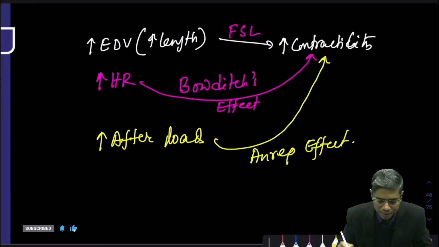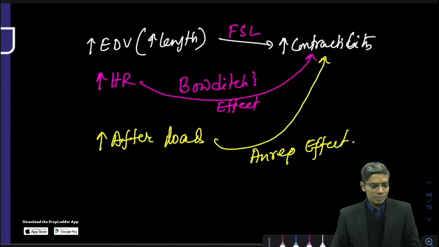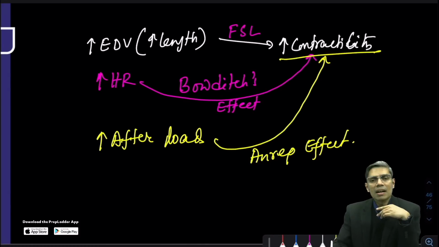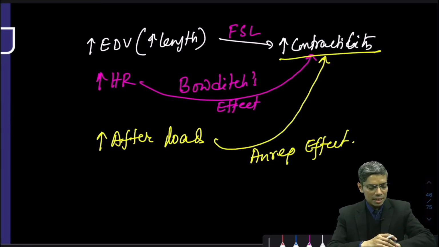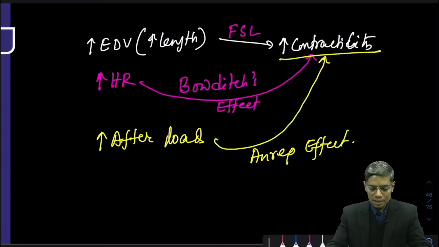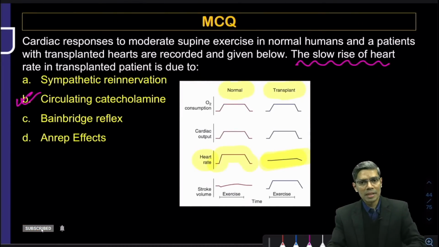So remember these three effects. Increase in length increases the contractility. Increase in heart rate can also raise the contractility, that is the Bowditch effect. Increase in afterload can also increase the contractility, that is the Anrep effect. Okay. So I think this is clear to all of you, this transplanted heart question.